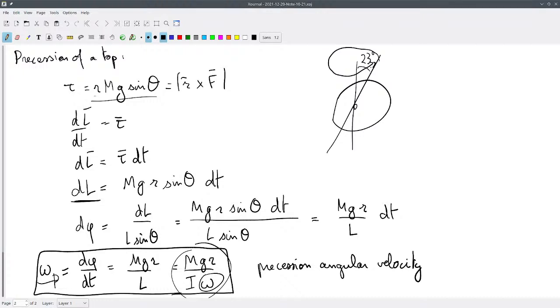Of course, there's a difference, because clearly there's no mg applying on the Earth itself. There's a different force that the Earth wants to orient itself around, but the same kind of precession is happening, and so the axis of the Earth is also rotating over periods that are of course much longer than for a small top.